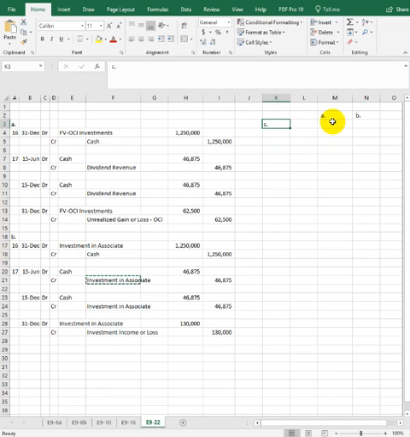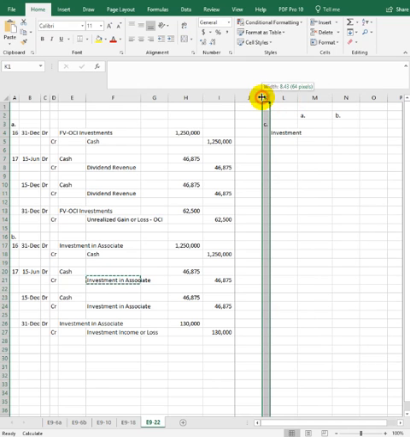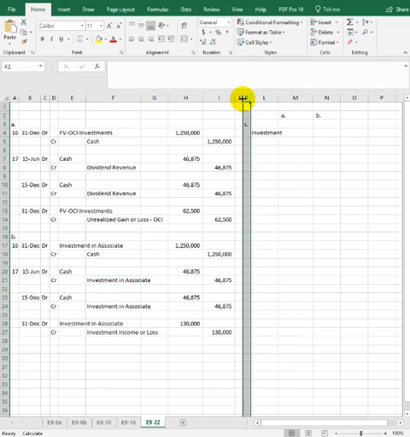And the statement of financial position, the investment account. Okay, let's make this a little smaller. And we can make this a little smaller too. Alright, so now we've got a little more room to work.